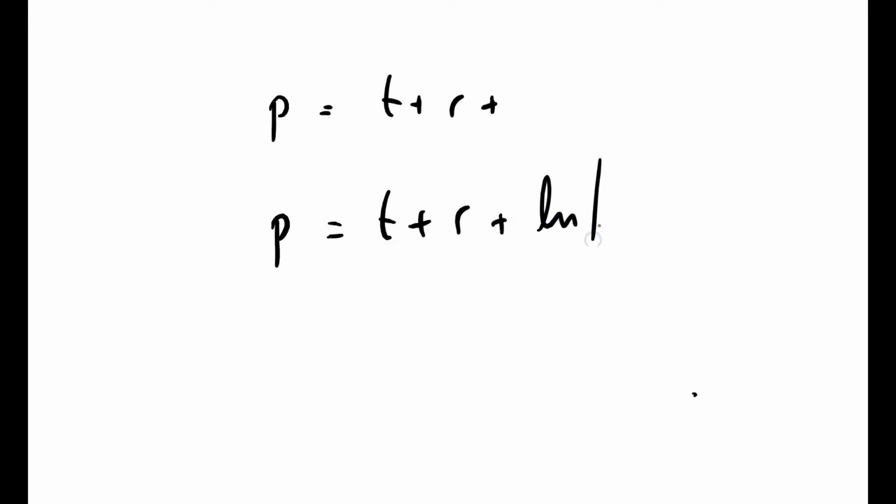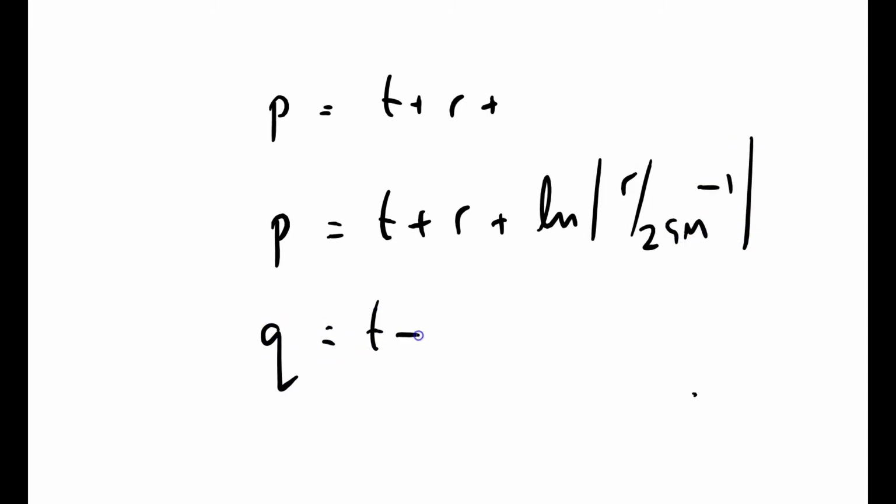Here we go. Last time we had P equal to T plus R plus log mod R over 2GM minus 1, and Q equal to T minus R plus log mod R over 2GM minus 1.